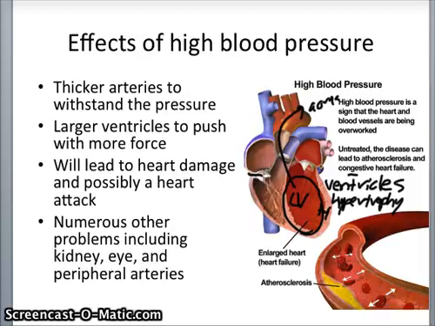Another problem here is that as the arteries get more and more pressure, you start to get damaged arteries and build up of plaque, and the arteries get harder, all right, called atherosclerosis, we'll talk about later. And this causes more blood pressure. So this is one of those positive feedbacks.